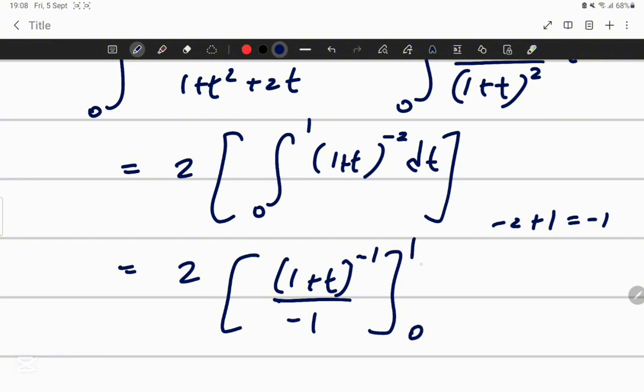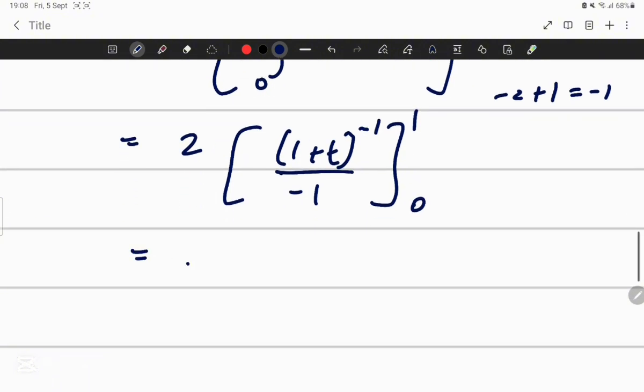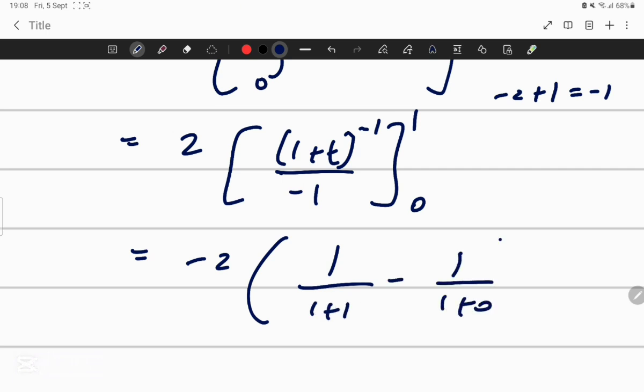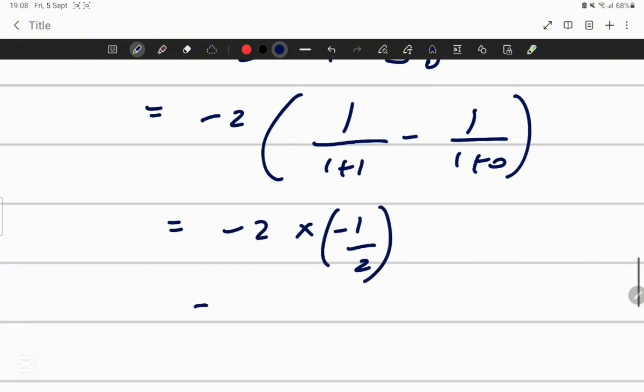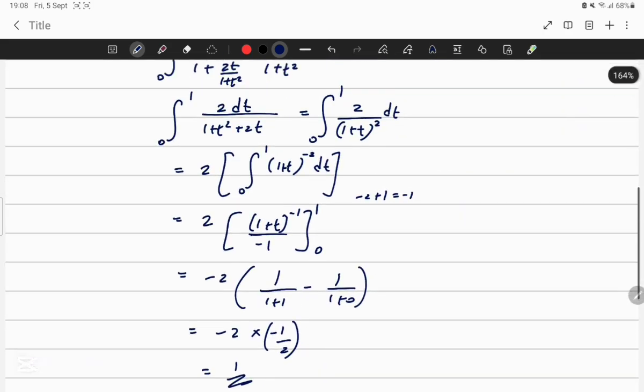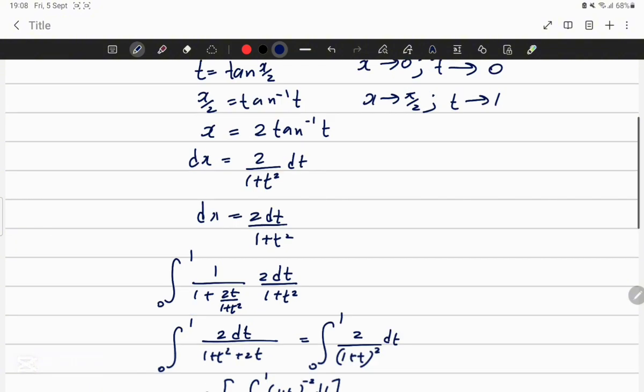Limits are from 0 to 1, which is what? Minus 2 times 1 over 1 plus 1 minus 1 over 1 plus 0, which is minus 2 times minus 1 half. This is 1, right? So the integral, the answer is 1.